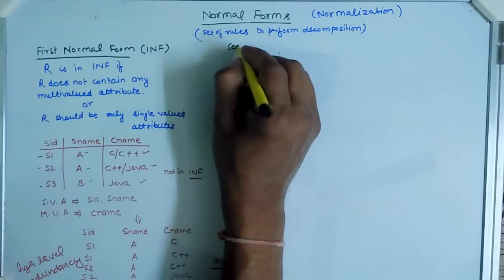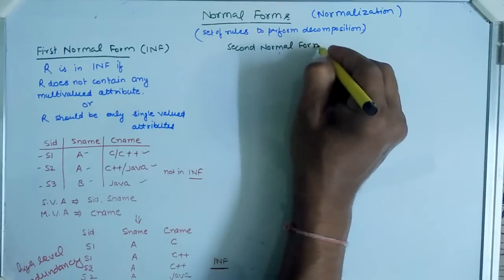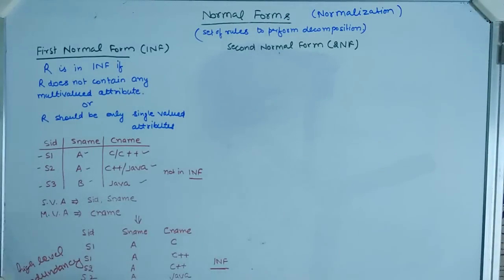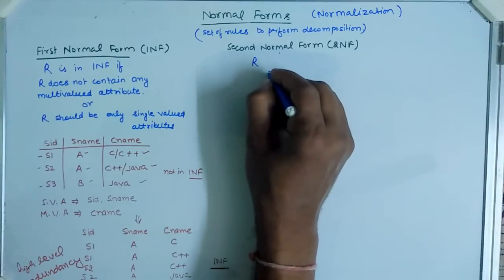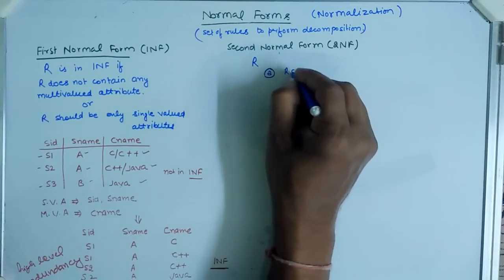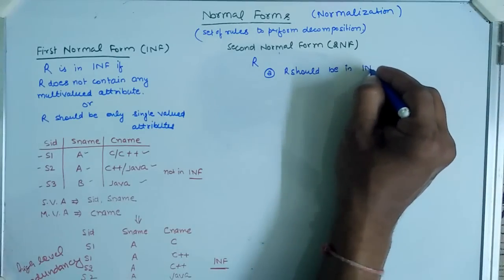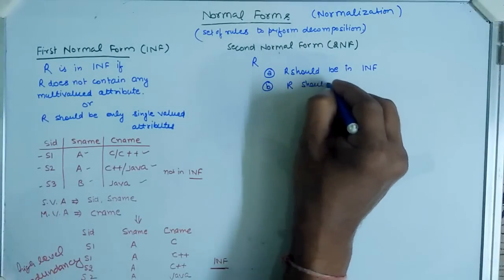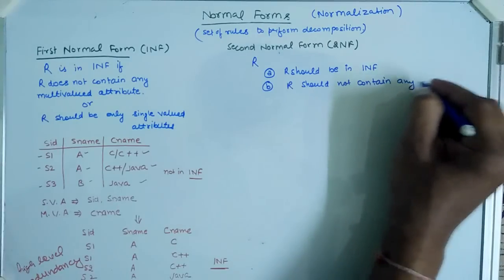Now for second normal form, also represented with 2NF, the definition of second normal form indicates that for a relational schema R to be in second normal form, the first condition is that R should be in first normal form, that is in 1NF, and the second condition is that R should not contain any partial dependency.